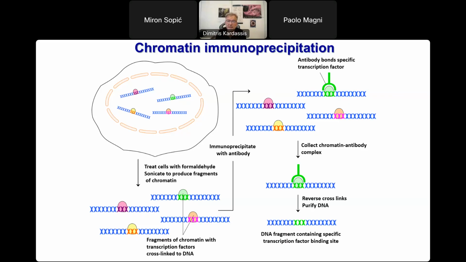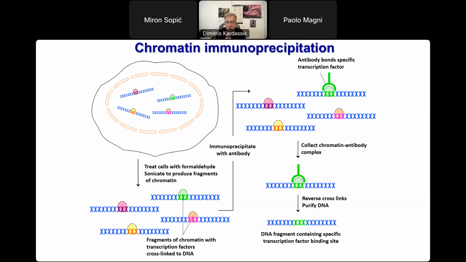So the basic principle of this technique is that we take a cell line, which is cultured in a Petri dish, and we add formaldehyde, and we fix all the interactions that are present inside the cell, protein-DNA and protein-protein interactions.